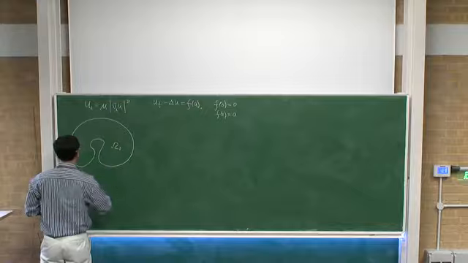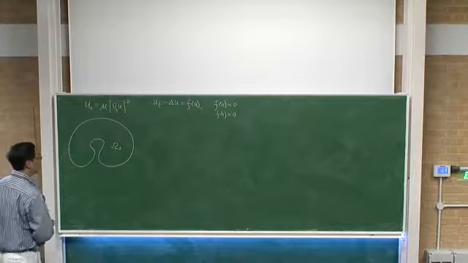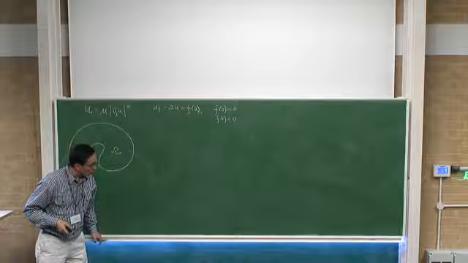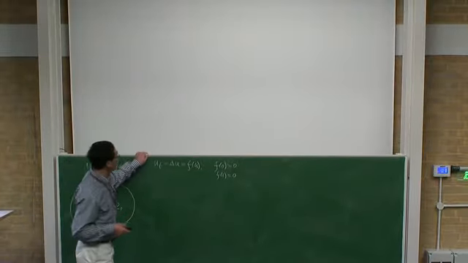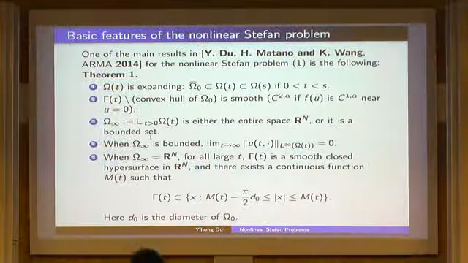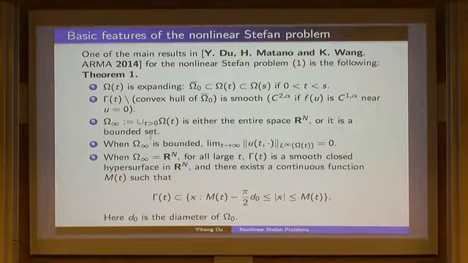So if this is omega 0, the initial omega 0, our result says that outside the convex hull of omega 0, basically the convex hull would be this one.